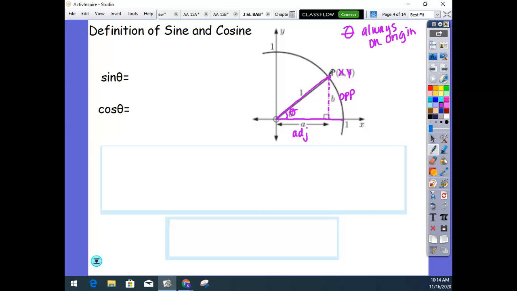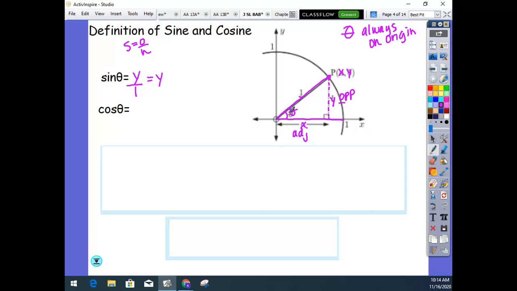And on my sine, how do we find sine? O over H. Sine is opposite over hypotenuse. In this particular case, my sine is represented by the y coordinate over my radius of 1. So that's just y.